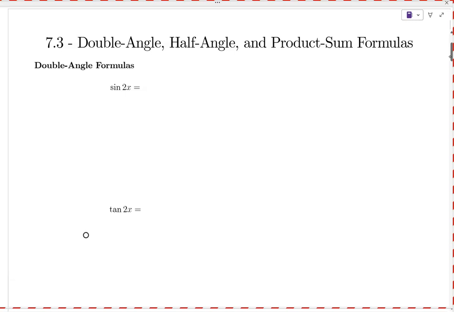There you go. All right, so these formulas really aren't new. All these formulas that we're going to talk about today come from the sum and difference formulas that we've already talked about. So what we're going to do is just manipulate those sum and difference formulas.